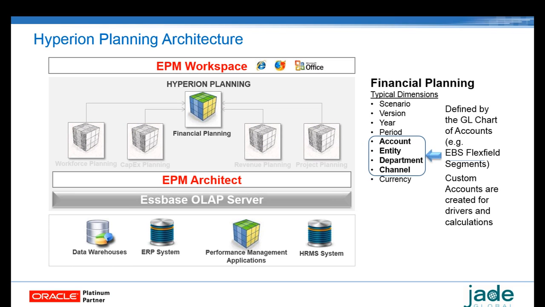So the heart of financial planning in this exercise is around the GL accounts, the entity, company, department, cost center, and possibly a channel or region depending on your type of application.